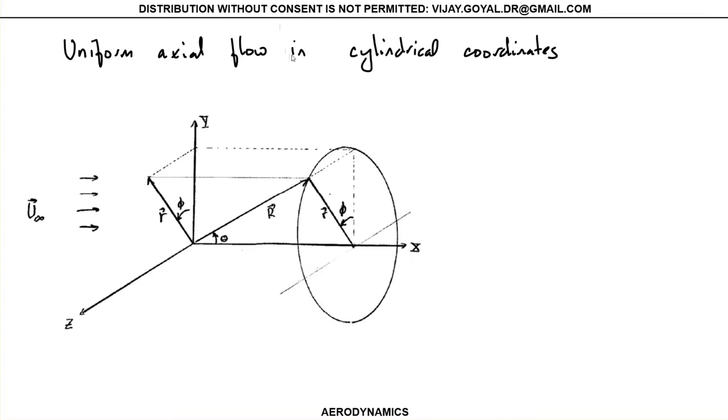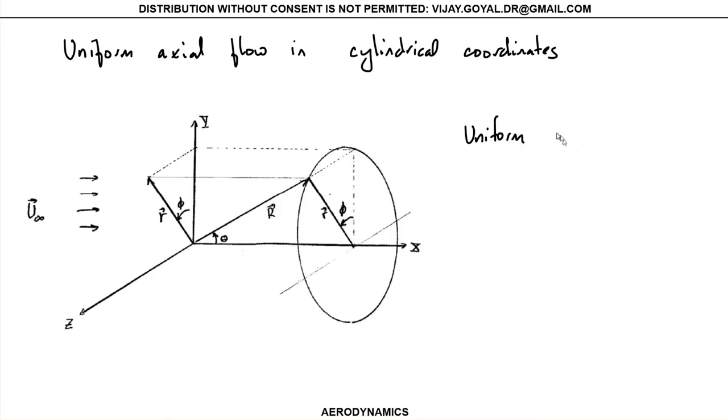So in this case, just note that my polar coordinate, I'm calling this phi, and this angle I'm calling theta. I'm going in the direction y. Okay, it's not in terms of z. So in this particular case, the uniform flow that I have is only coming in one direction.